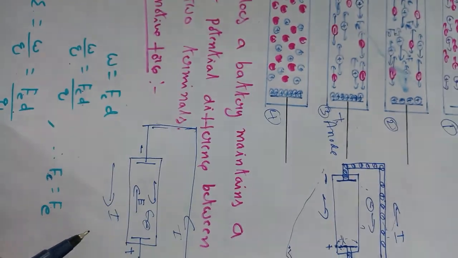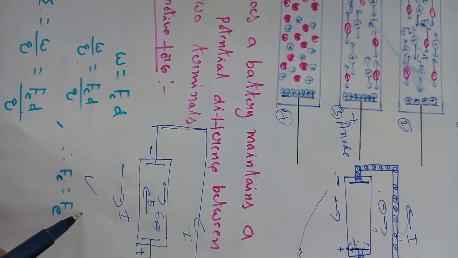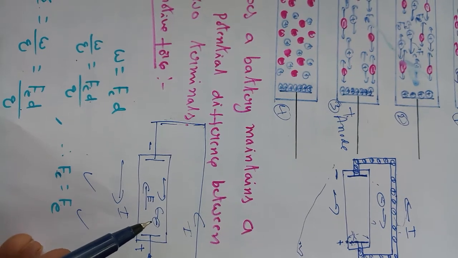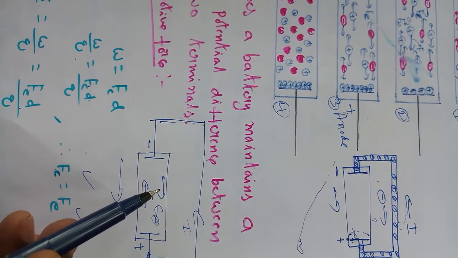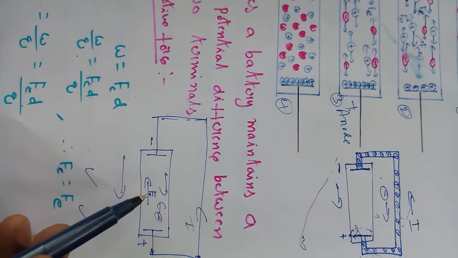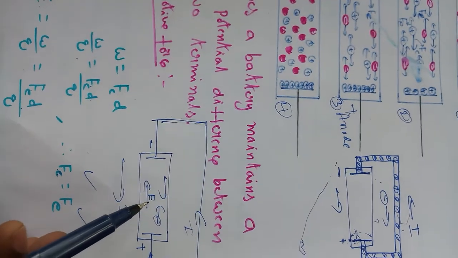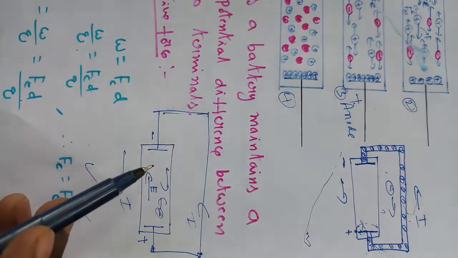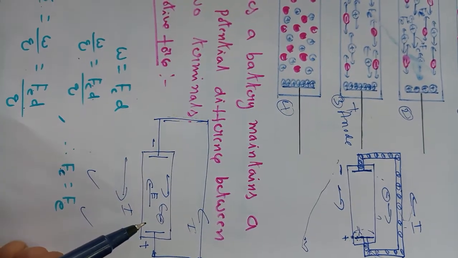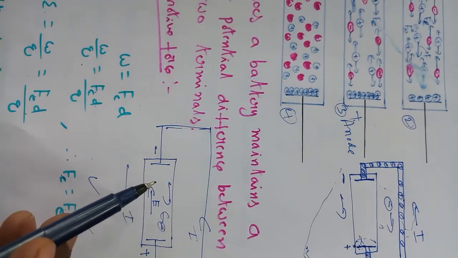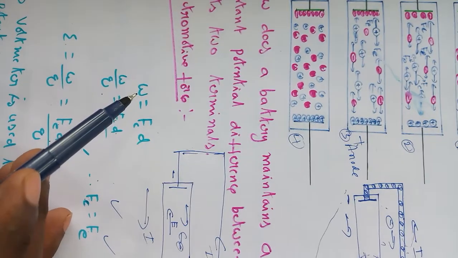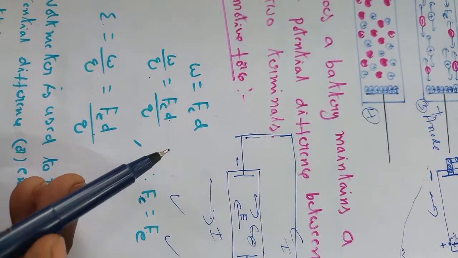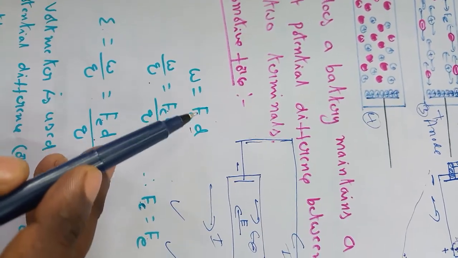Here, this is the positive plate and this is the negative plate, and the electric field lies from the positive plate to the negative plate, from high potential to low potential. Now the work done by the chemical force to move the negative charge from high potential to low potential through a distance d is FC d.